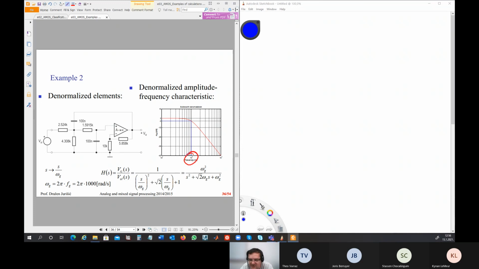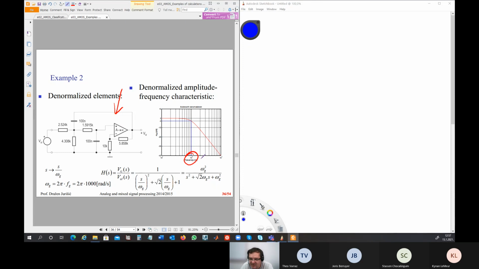Here is the cutoff frequency of 100 Hertz. So this is the normalized amplitude frequency characteristic. Okay, so this is the filter. You see, you can buy these nanofarads and kilo ohms in the store, and you have a cutoff of 100 Hertz.